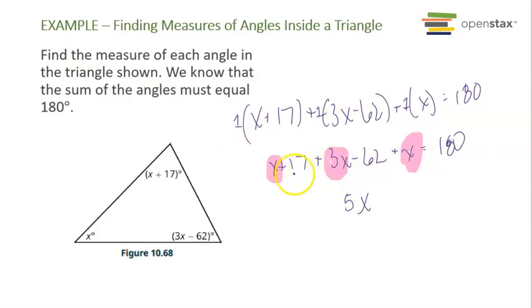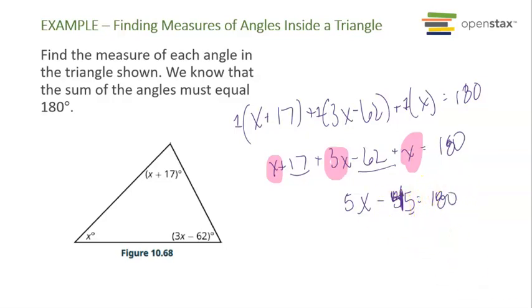And then I have $17, but I spent $62. So let's see, what is that? Negative $35? Sounds good. Wait a minute. Negative $45. Okay. That's equal to 180.